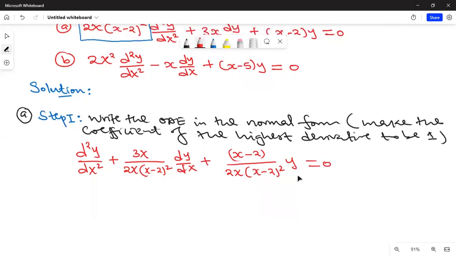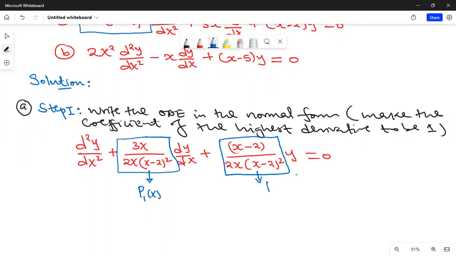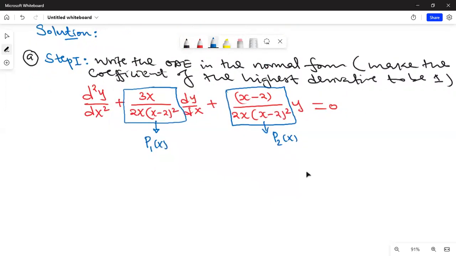Now, in general, we always call the coefficient of dy/dx a function p1 of x, and this other one is called p2 of x. So I can extract them explicitly so that you can see.